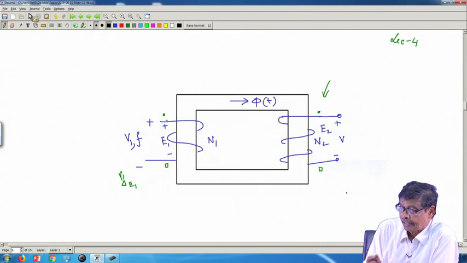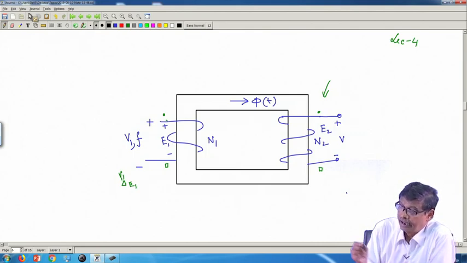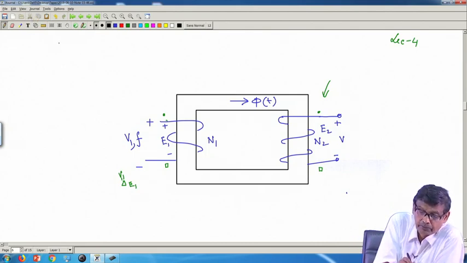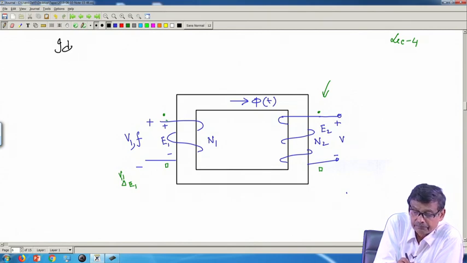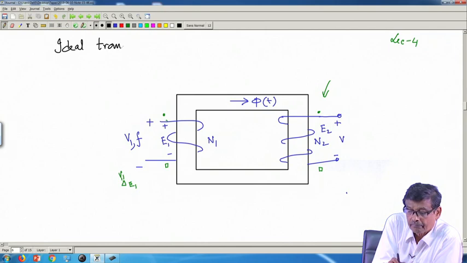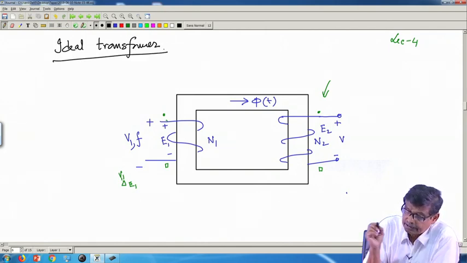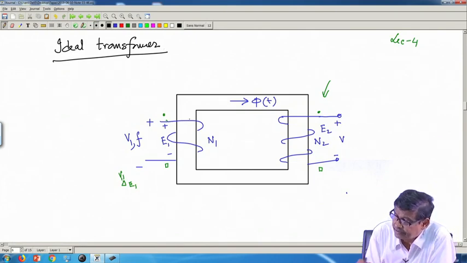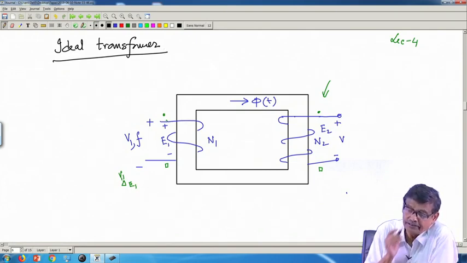One is that suppose there are now two coils and we are discussing about ideal transformer. Ideal transformer, that is, these winding resistances are 0 of both the coils.